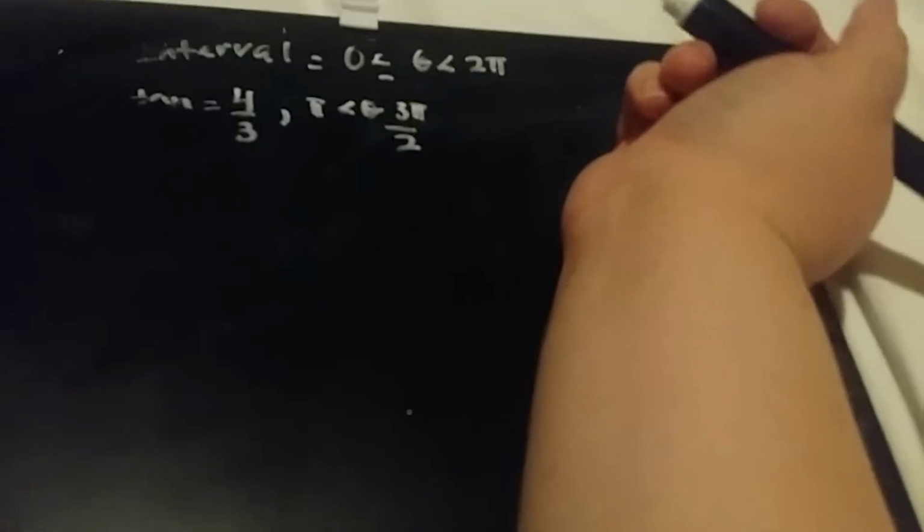For the fifth problem, we are given some numbers. The interval is 0 is less than or equal to theta, and theta is less than 2 pi, like we've been given before. Tangent equals 4/3, and pi is less than theta less than 3 pi over 2.